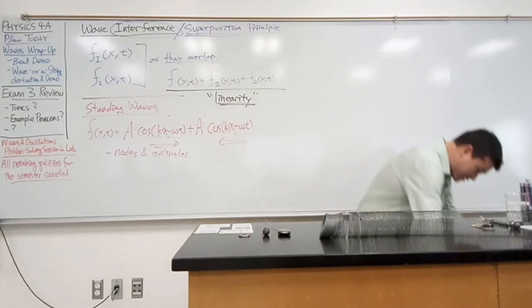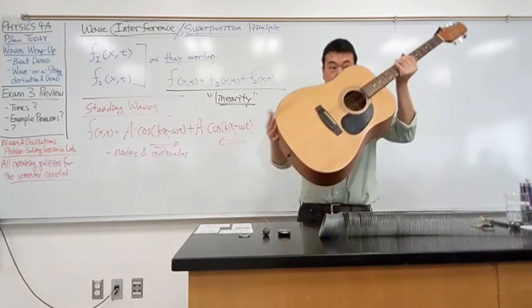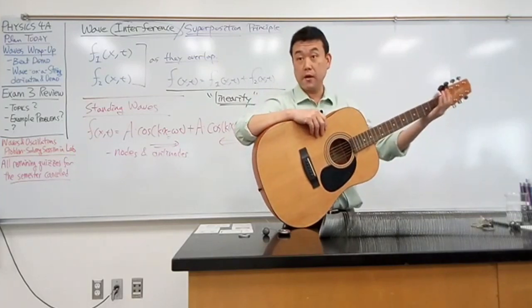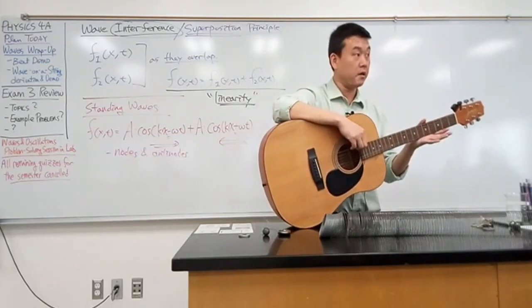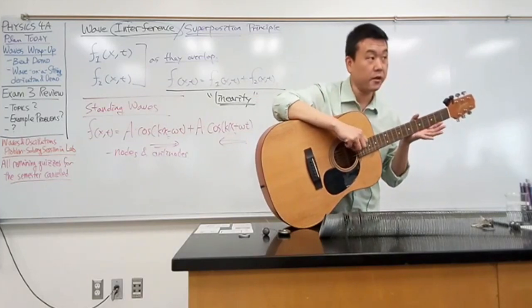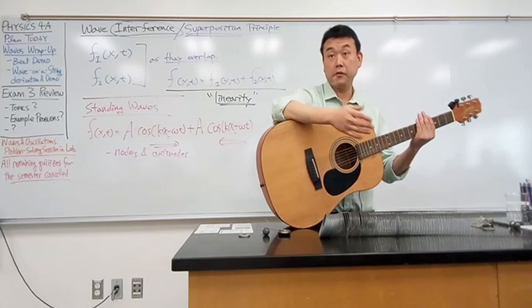So I keep bringing this out. This is the first time I'm actually having time to bring this out. This is a guitar. The principle on which a guitar works is a standing wave. I have this string, and when I pluck it, it emits a particular pitch, a particular tone.